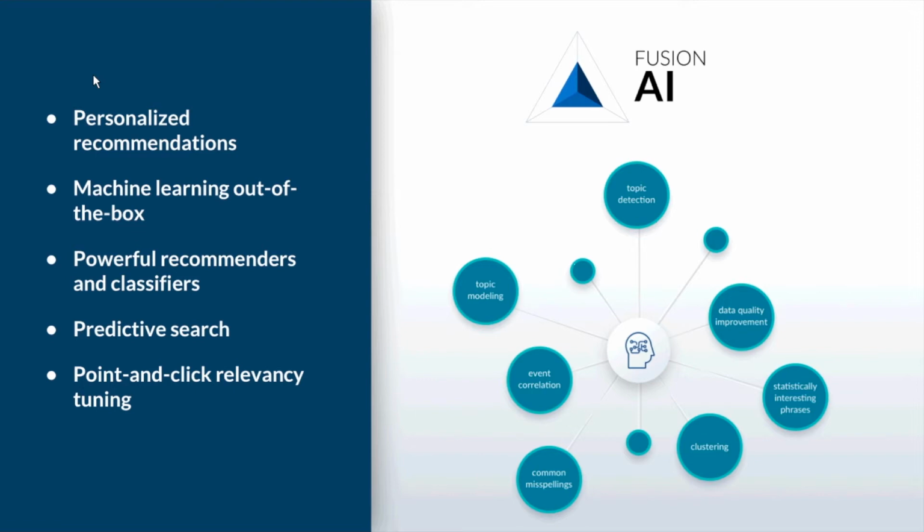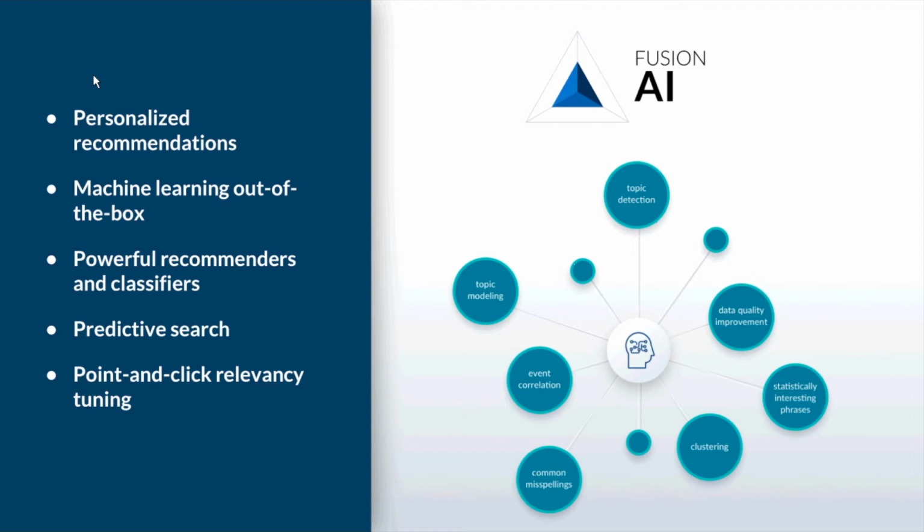We have powerful recommenders and classifiers so that you can do collaborative filtering, understand intent, and do things like items-for-user recommender or item recommender, so that you can basically just plug in your application signals and use the power of Fusion to improve the results and recommendations that you're getting.